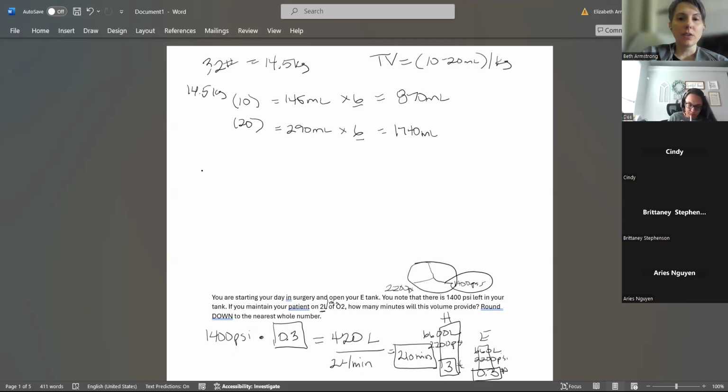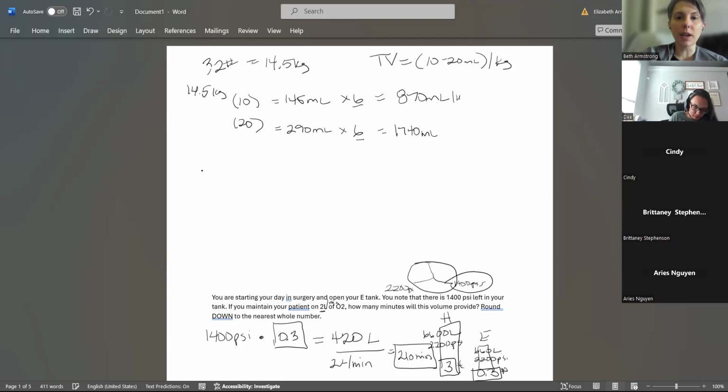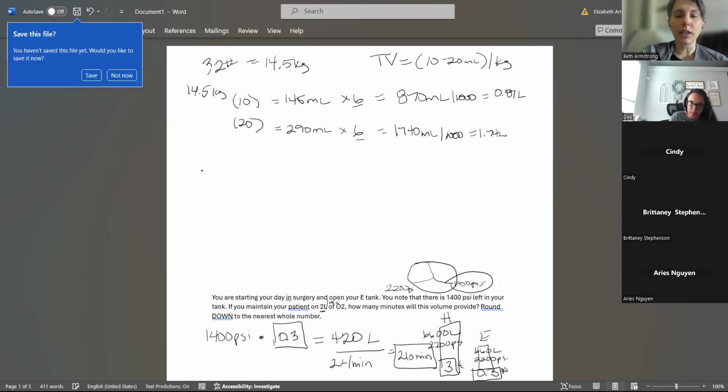All right. So now we have to change it into liters because we need a liter bag. Like every bag is in liters, not milliliters. So let's divide that by 1,000 to get liters. So we have 0.87 liters, and this is 1.74 liters. So this means what type of liter bag should we use?